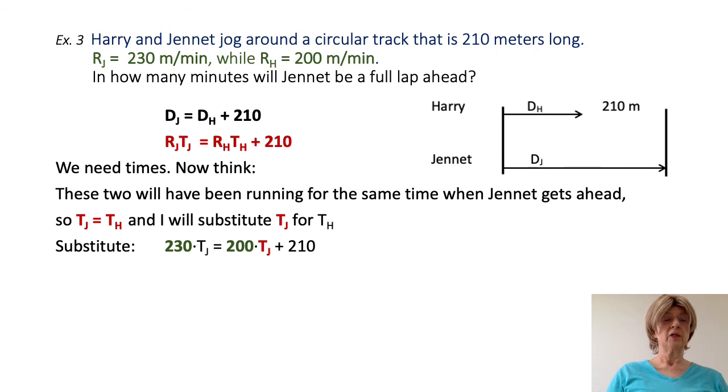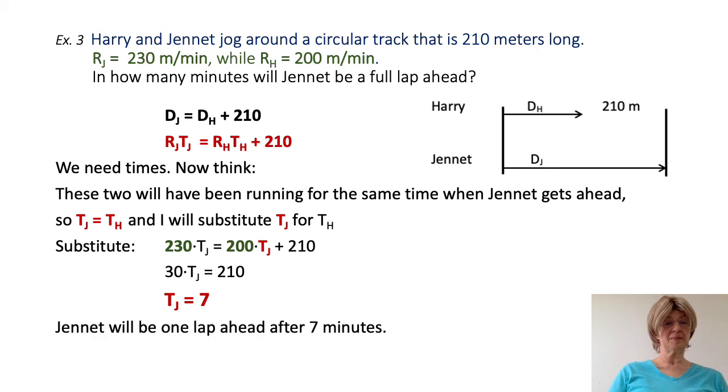Substituting, 230 times t sub j equals 200 t sub j plus 210. Doing the math, 30 t sub j equals 210. T sub j equals 7. Janet will be one lap ahead after 7 minutes.